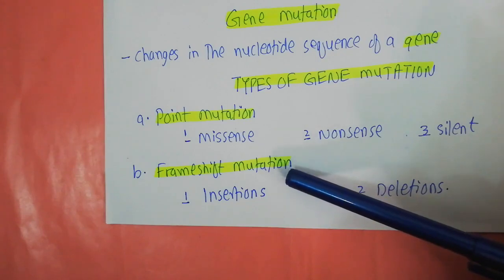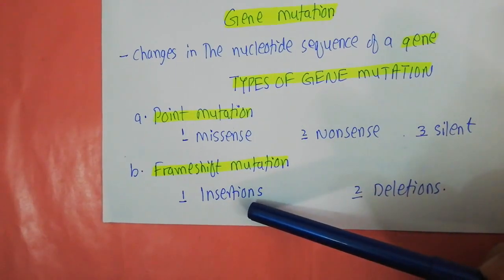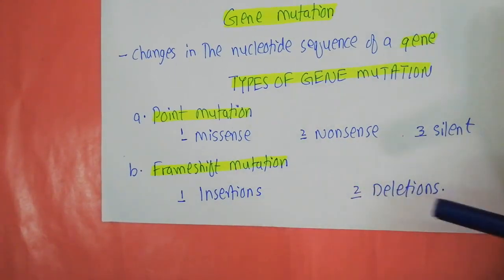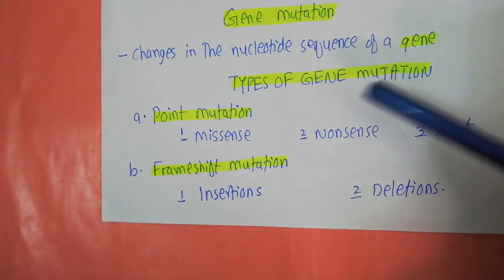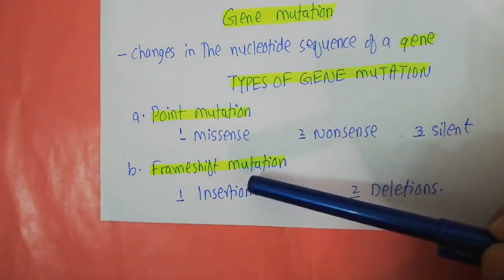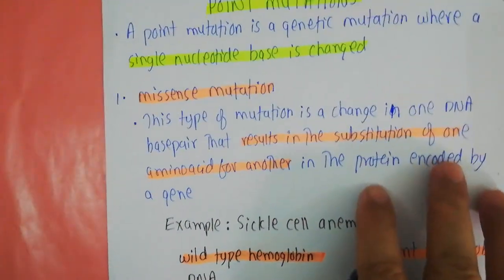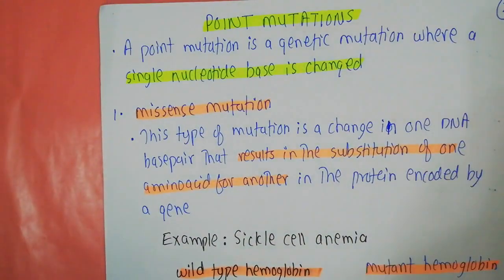The frameshift mutation has two types: the insertion frameshift mutation and the deletion frameshift mutation. So gene mutation is broadly divided into point mutation and frameshift mutation. Let us talk about the point mutation first.